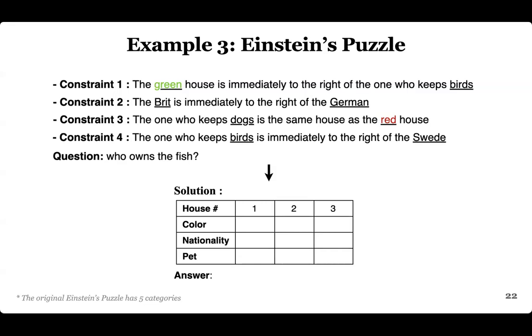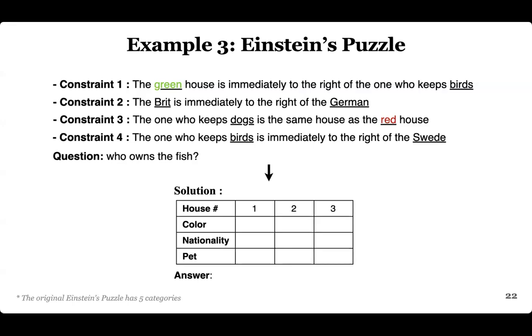In this example, there are 3 houses, and each house has a unique color, the nationality of the person who lives in the house, and the pet kept by that person. But we don't know the color of each house and we don't know the nationality of the person living in it.